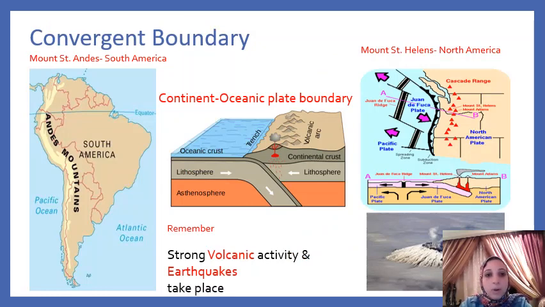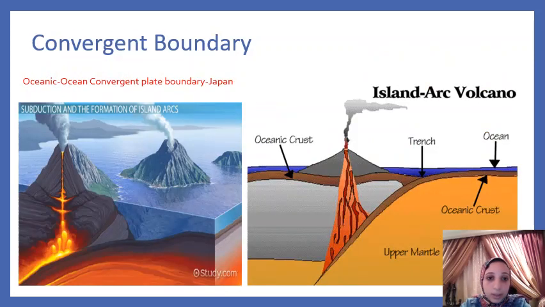Another example of a convergent boundary where continent and ocean plate collision occurs is Mount St. Helens, because of the Pacific Ocean plate meeting the North American plate. This type of collision causes strong volcanic activity and earthquakes, as we've explained before.